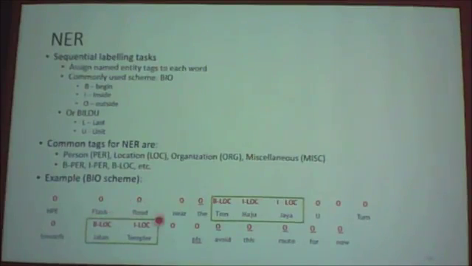For example, when you reach this part, it is detected as the beginning of the location entity. Then this is inside of the location entity, and this one is outside. So this will be detected as a location entity from the text.